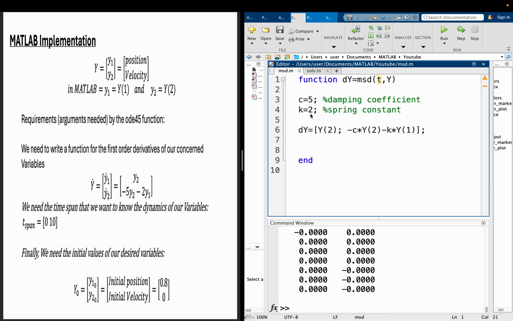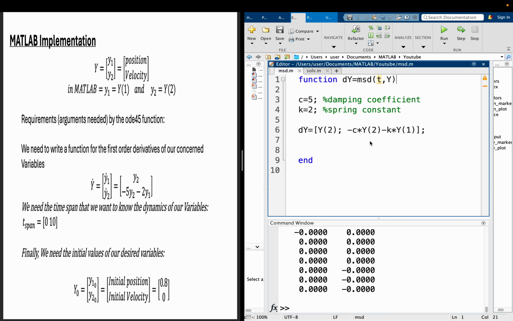C is 5 and k is equal to 2. So the first row is y2, which is defined based on the indexing, and moving to the second row, I have minus 5y2 minus 2y1.